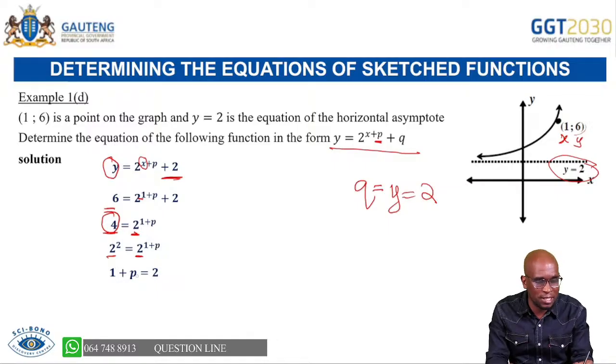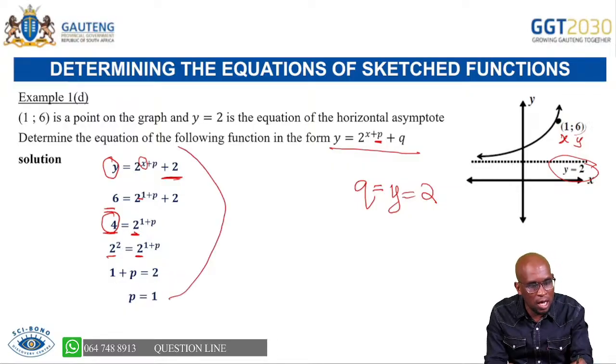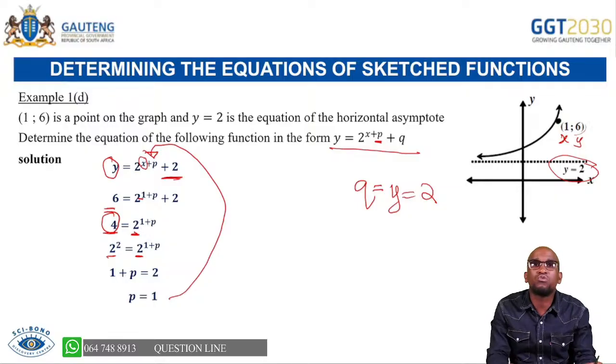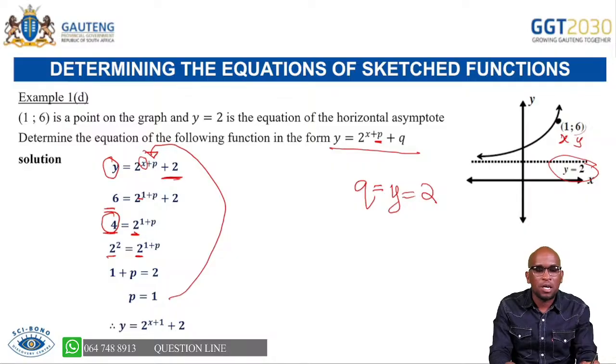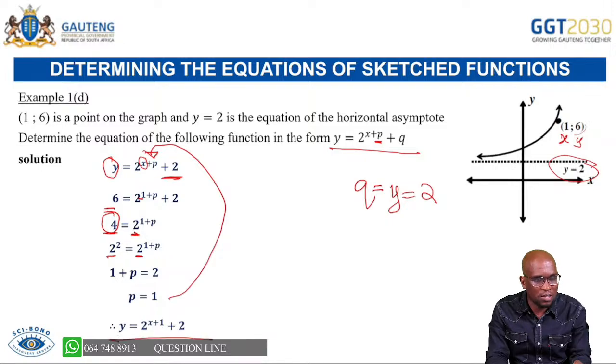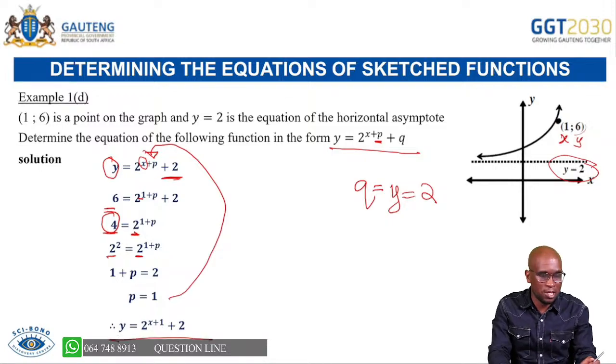We are equating the exponents, solving for p by transposing 1. We get that p is 1. Then we can come back here and substitute 1 where we see p, and that would conclude the equation of the hyperbola, or of the exponential function. Sorry, it's the equation of that given exponential function there.